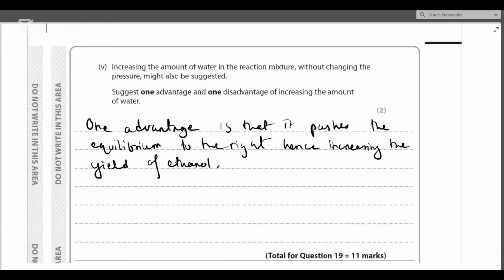The only disadvantage is that there is more water condensed with the ethanol to separate. Eventually the whole mixture is going to be more impure.